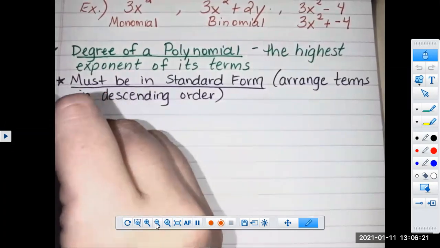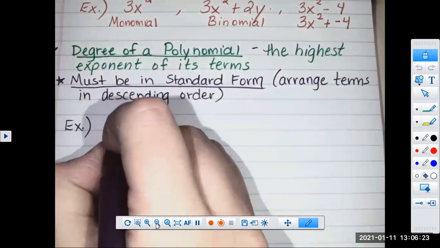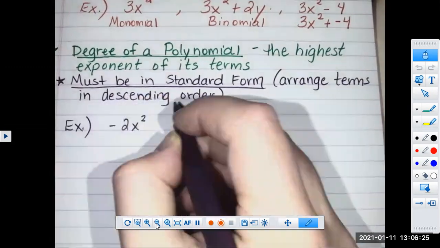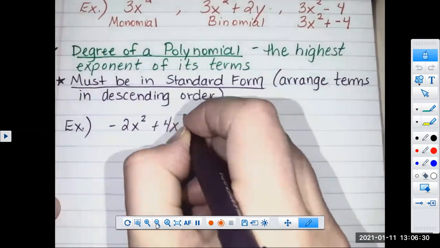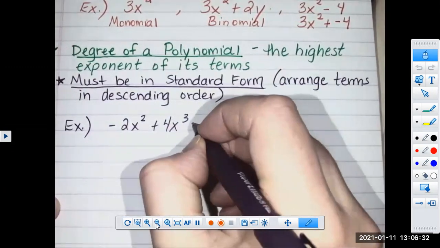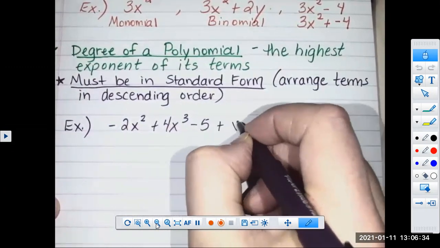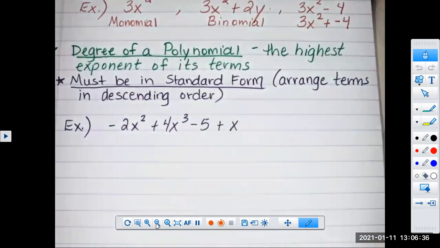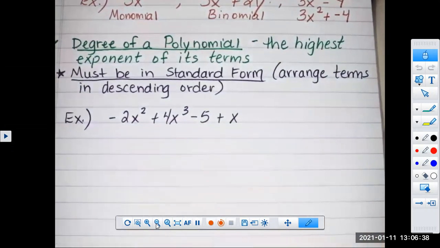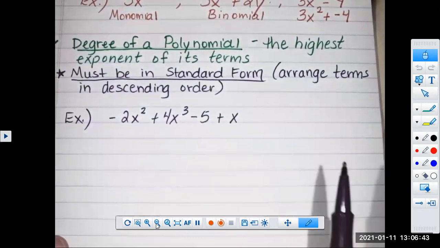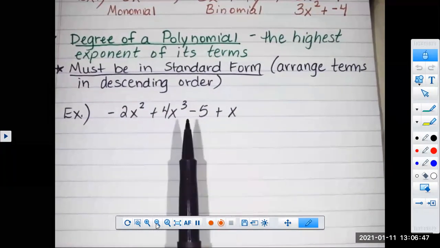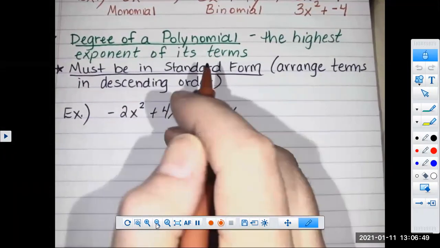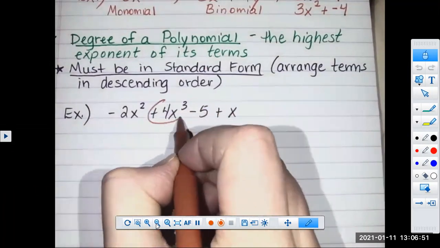Okay, so an example of that. This is an example of a polynomial. You've got terms added or subtracted together. If you want to rewrite this in standard form, notice that your highest term is positive 4x cubed.